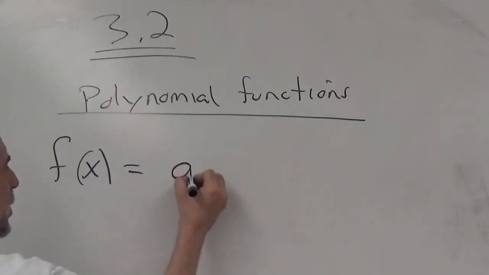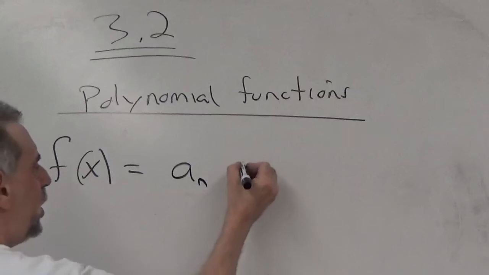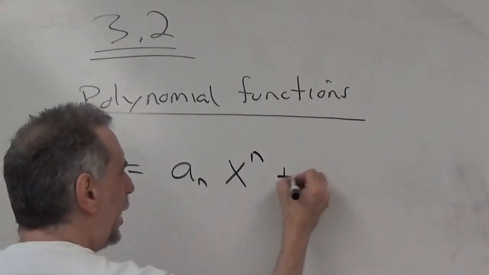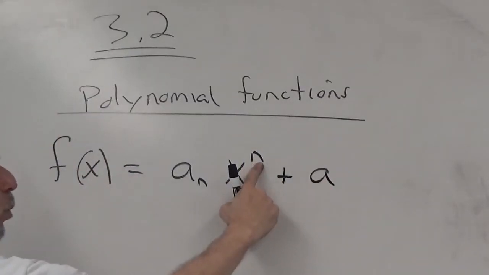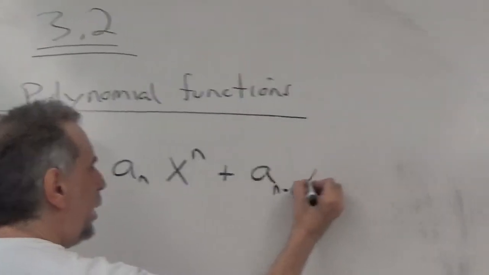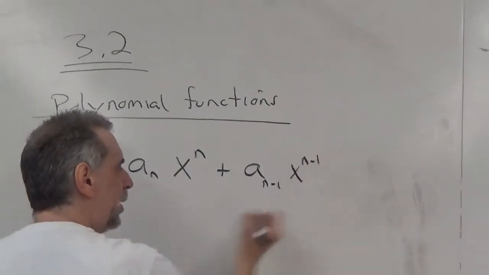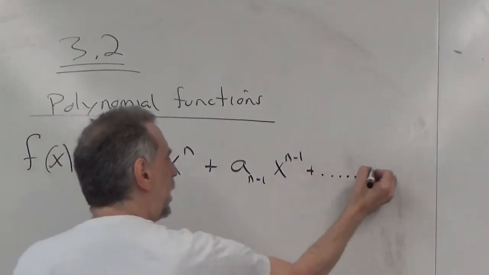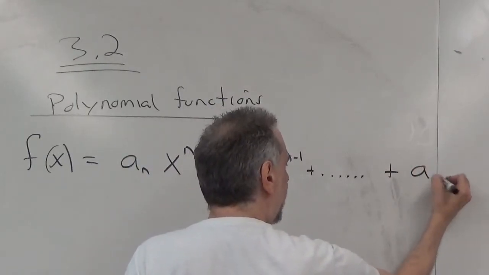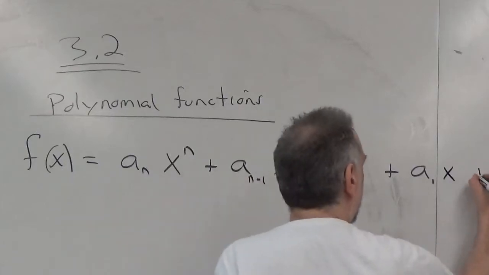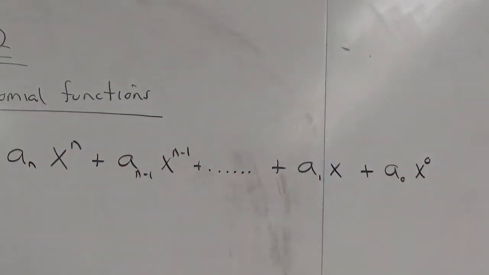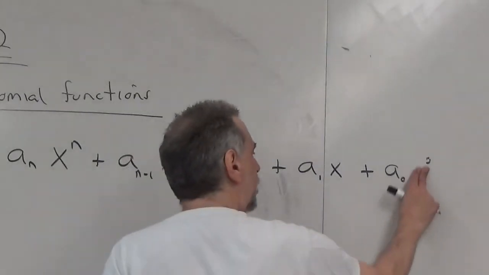It has a coefficient in front of a variable raised to an exponent, and then we keep going down by 1: a sub n times x to the n, then a sub n minus 1 times x to the n minus 1, and so on until we get down to a sub 1 times x, and then a constant term. And x to the 0, remember, is just 1, so really it's just a constant term at the end.